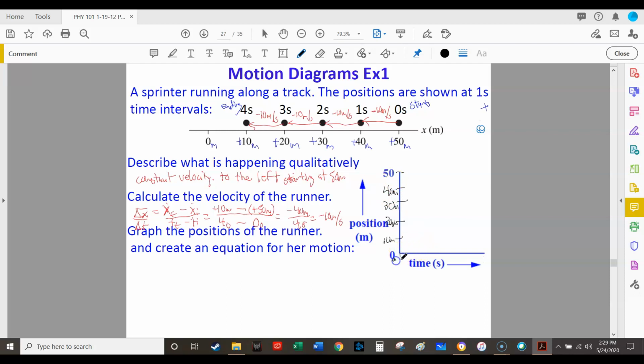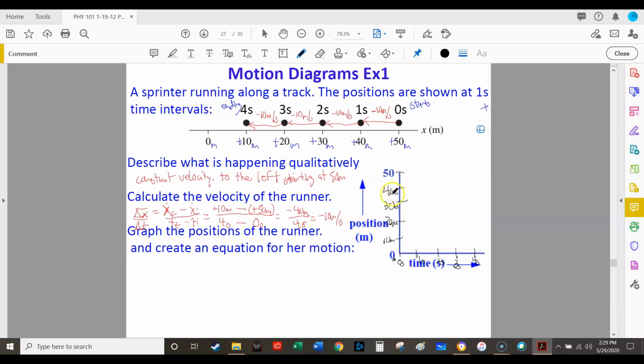This is the 0 meter mark and also the 0 seconds mark. 1 second mark, 2 second mark, 3 second mark, 4 second mark.